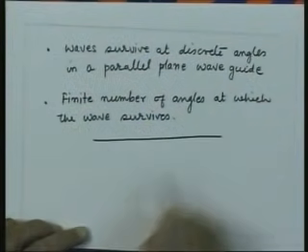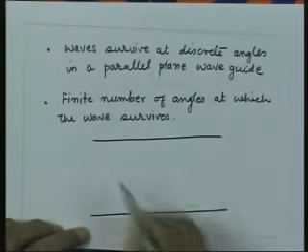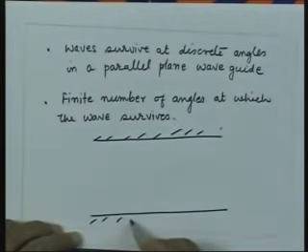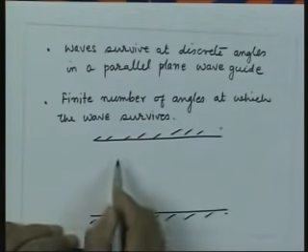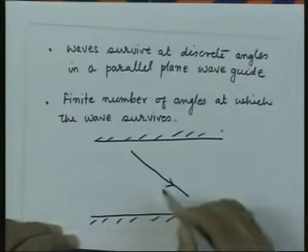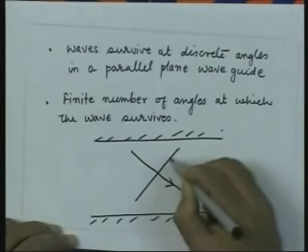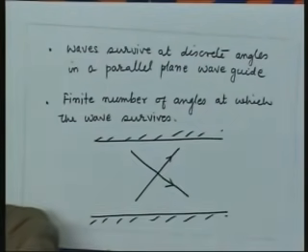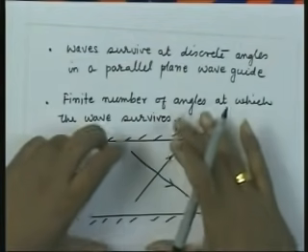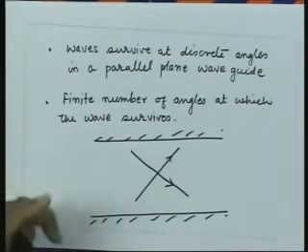So, what we have essentially is these two boundaries, which are conducting boundaries, and two sets of waves, one moving this way and the other set moving this way, and superposition of the fields of these two waves creates the patterns which are the modal patterns.